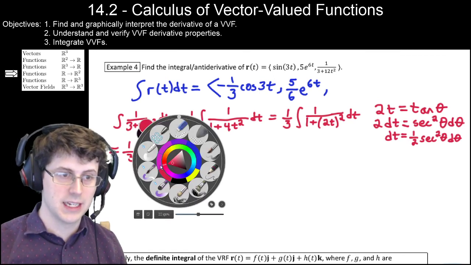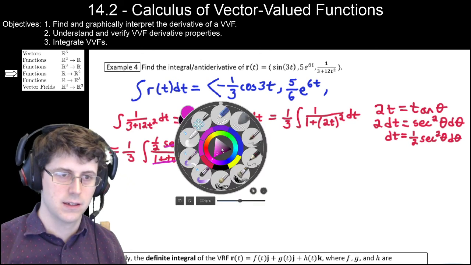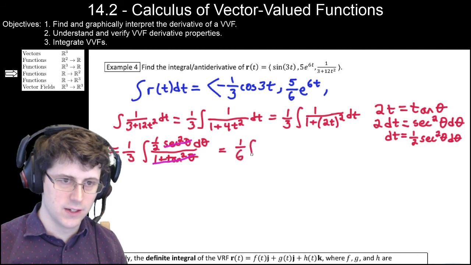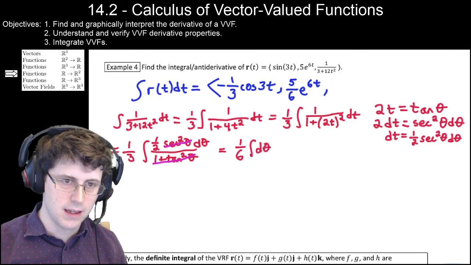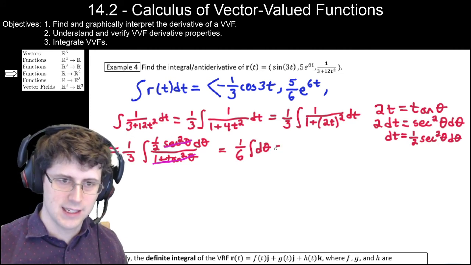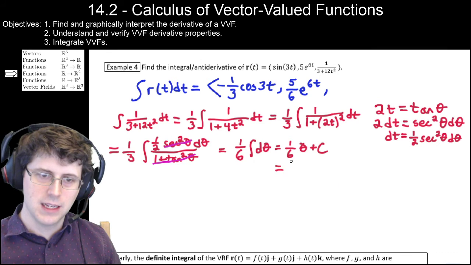In fact, 1 plus tangent squared theta is secant squared theta, so these cancel. So I end up with a 6th integral of d theta. Integral of d theta is I add up all the little bits of theta, that's theta, and over here I can solve for theta. Theta is arctangent of 2t.